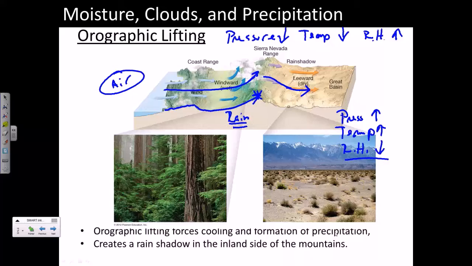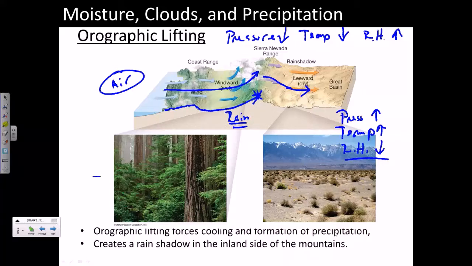And this is why places like Nevada, Arizona, parts of Wyoming, and Idaho are dry, because the coastal regions received most of the moisture that was brought inland from the oceans as the atmospheric conditions pushed the wind up and over the mountains. And so in the Sierras, it's really stark.